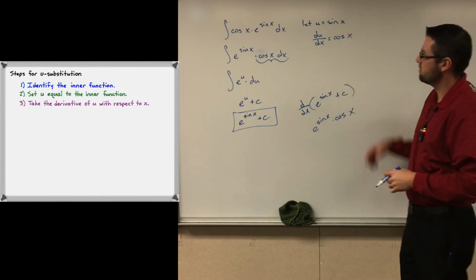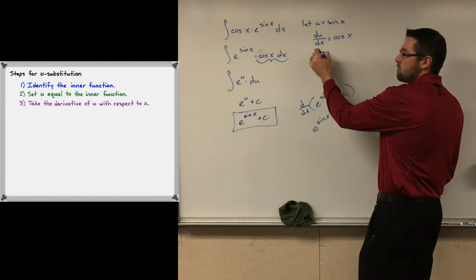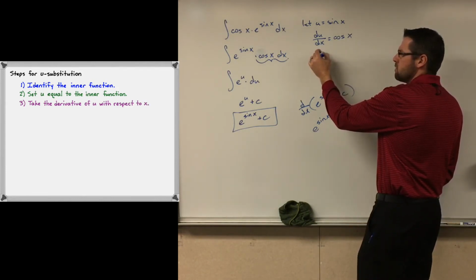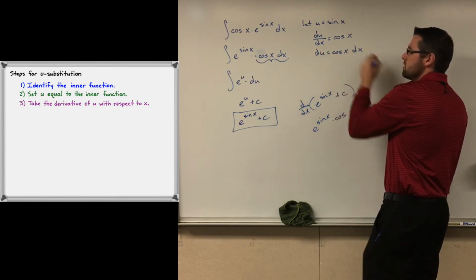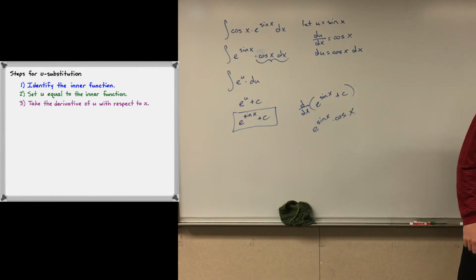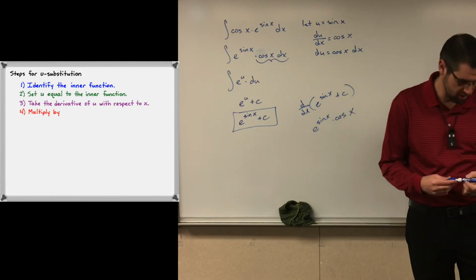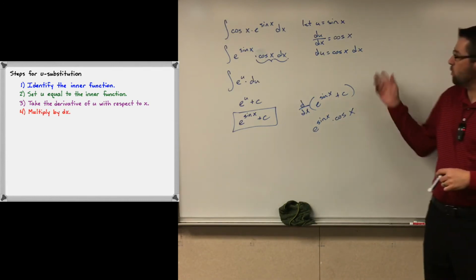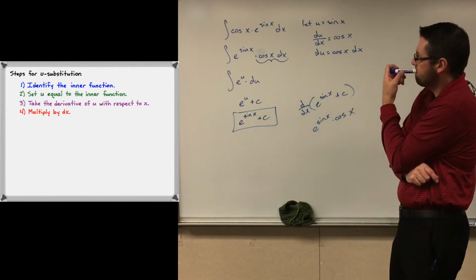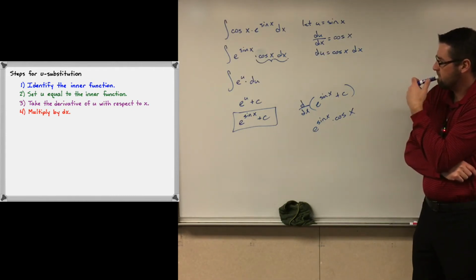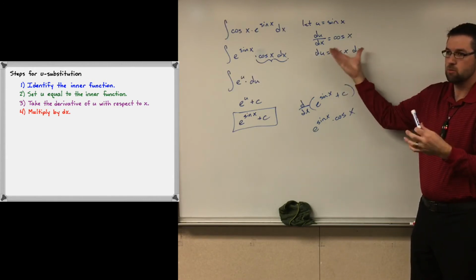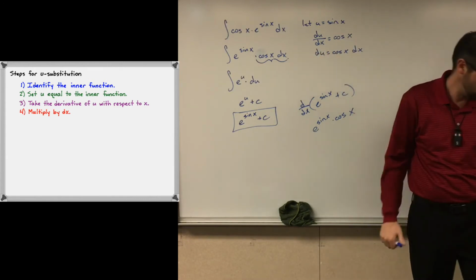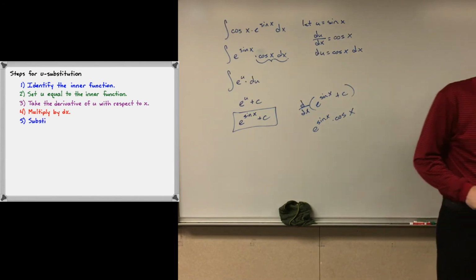And then what do we do after that? Multiply by dx. So du equals cosine of x dx, right? We multiply both sides by dx. And then what did we do after that? We replaced things, we substitute values in.